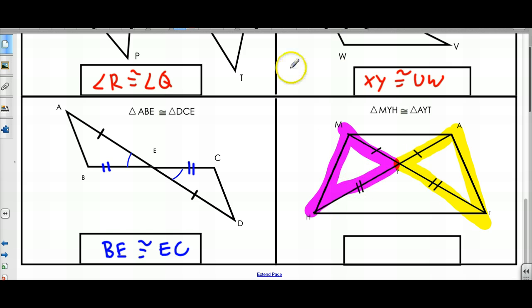And now I need an angle that's the same. Now the angle has to be between the two sides, and that would be right here in the middle. So this angle MYH has to be congruent to this angle, AYT, to prove that these two triangles are congruent using side angle side.